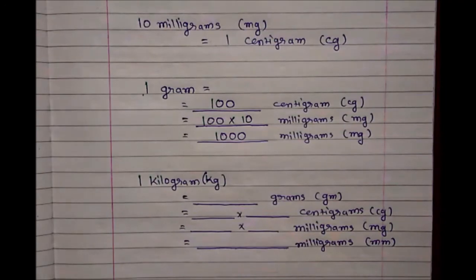Have you noticed the medicine box? If you look at the contents on the medicine box, they are in terms of milligrams. For example, Crocin 500 means there are 500 milligrams of that chemical, paracetamol, in one tablet.